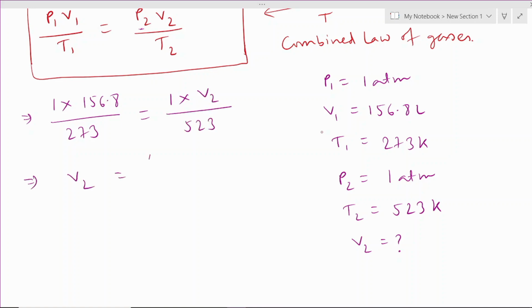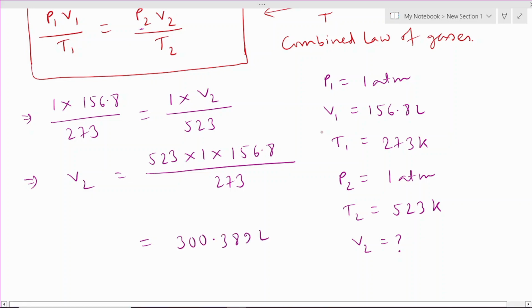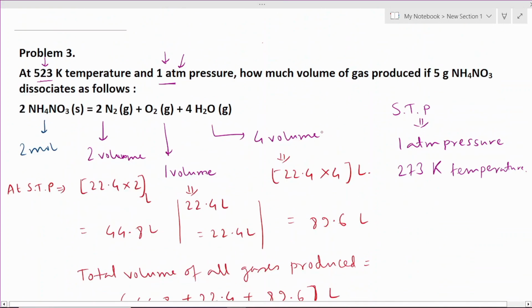V2 will be 523 into 1 into 156.8 upon 273. So this will be 300.389 liter. This is the volume of total gases at this reaction condition.